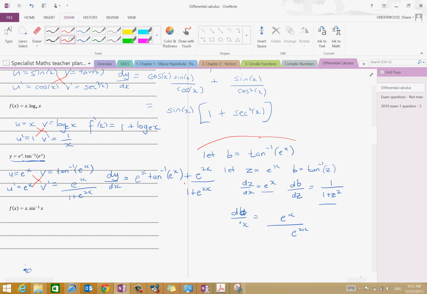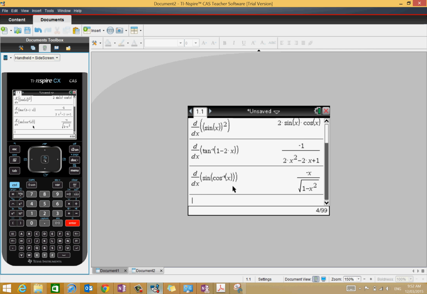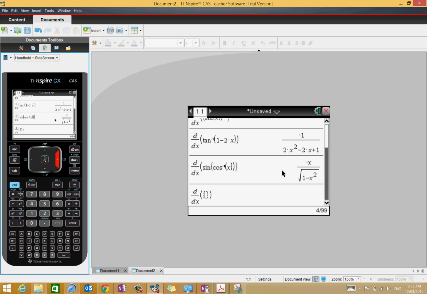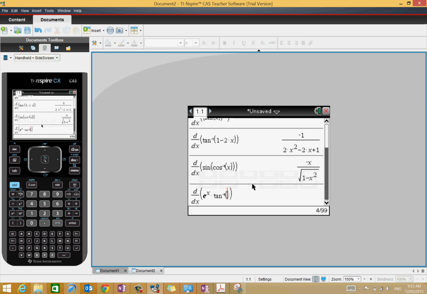Do you think your calculator's going to have it in this way? It does? Let's do it. The derivative of e to the x inverse tan e to the x. Let's have a look. Okay, we want to find the derivative with respect to x of e to the power of x times inverse tan of e to the x.